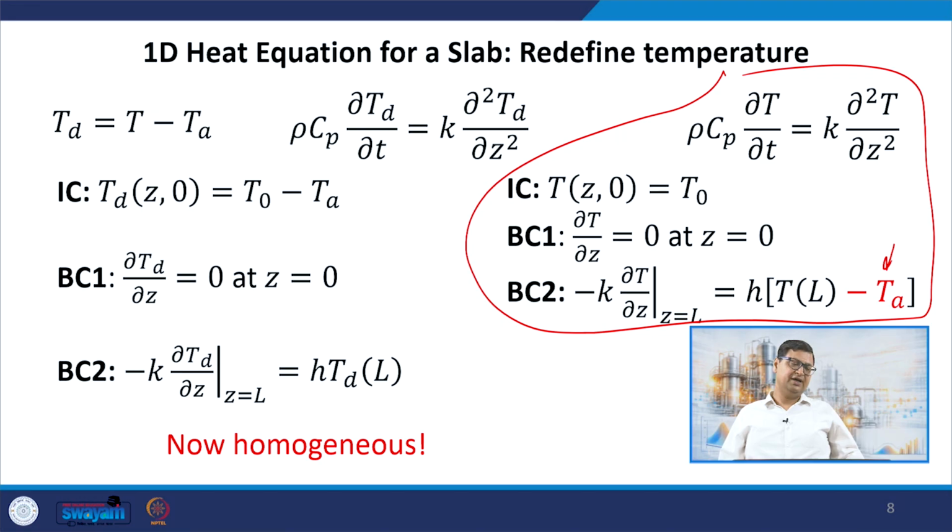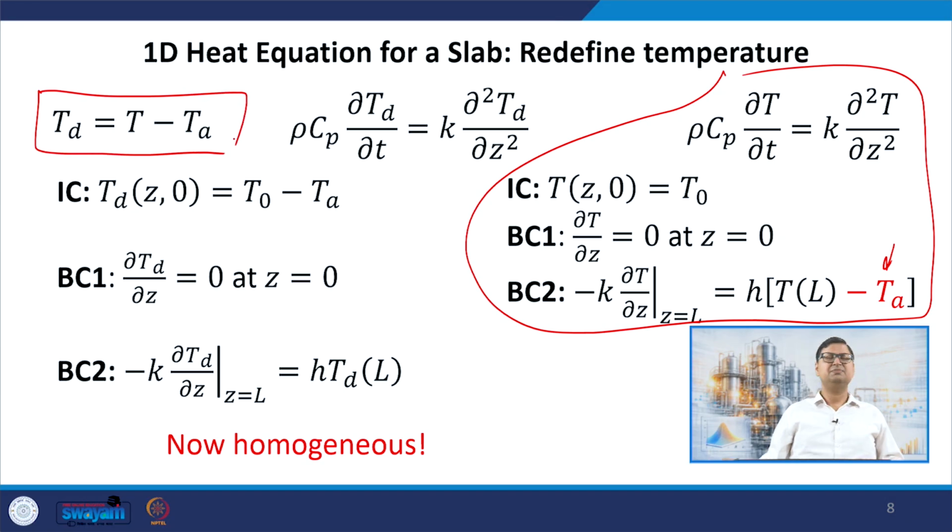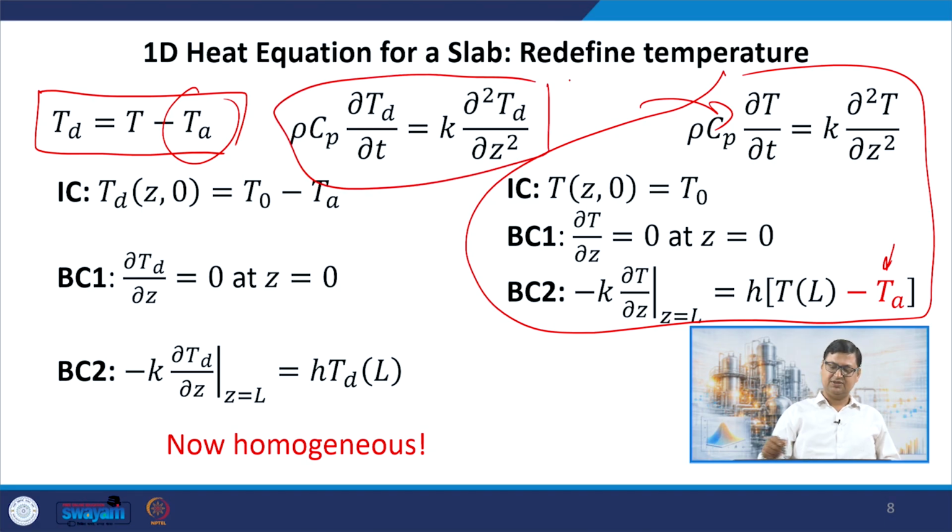What I do is I define a new variable that is not the temperature, but the temperature difference. So, I define something like Td, that is T minus Ta. And then if I plug it in here, you see that Ta is anyway a constant term, so my partial differential equation is pretty much unchanged. We simply replace T with Td.